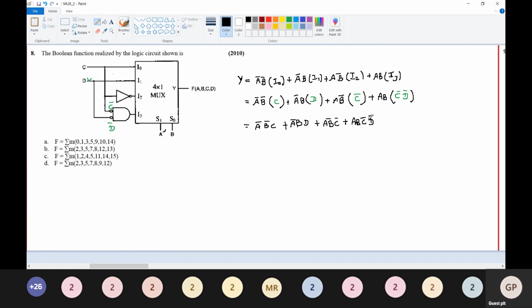Now the given answer is in terms of minterm values. So in order to find the minterm values, you may have to convert the obtained expression into canonical SOP expression, which will take time. So what we'll do is implement this using a K-map.